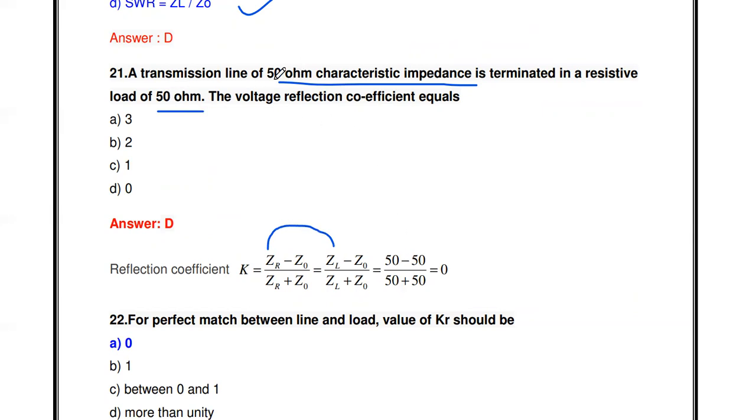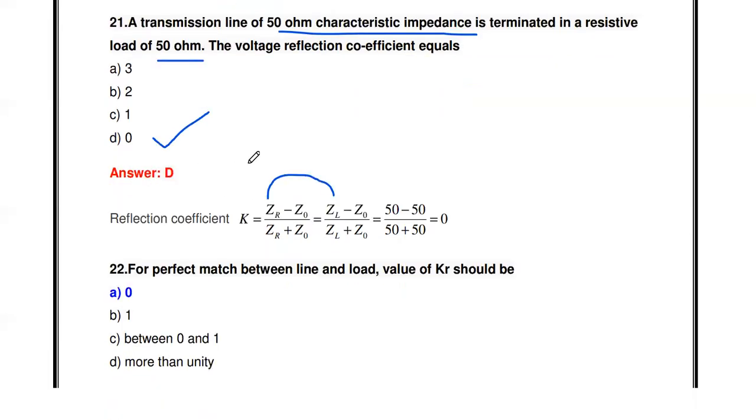You substitute, both the values are 50, same. So 50 minus 50 divided by 50 plus 50. So what is the answer? 0. Already you know, if the transmission line characteristic impedance is equal to the load impedance, we will get no reflection. So no reflection means the reflection coefficient is 0. So 0 is the correct answer.